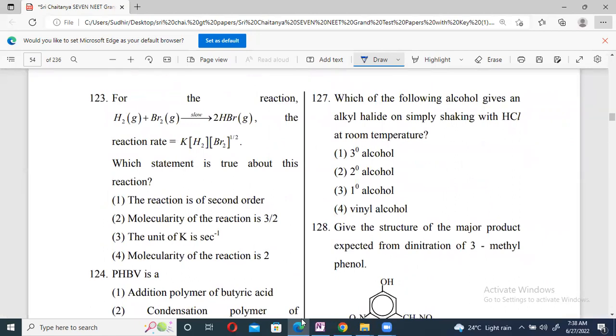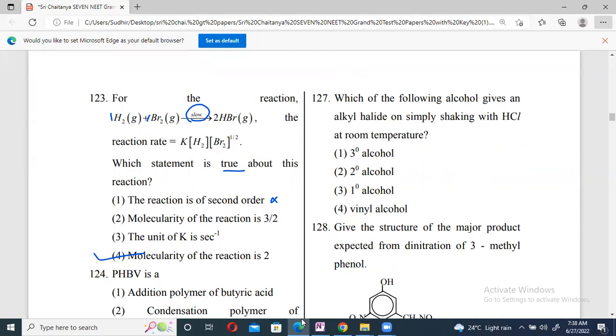Which statement is true? Order is the sum of the powers, 1 plus 1 by 2, 3 by 2, 1.5. No. Molecularity is not 3 by 2. But molecularity can be decided by the slowest step. Number of molecules involved, 1 plus 1, 2. So molecularity should be 2. Yes. Fourth option is true. Directly we are getting.